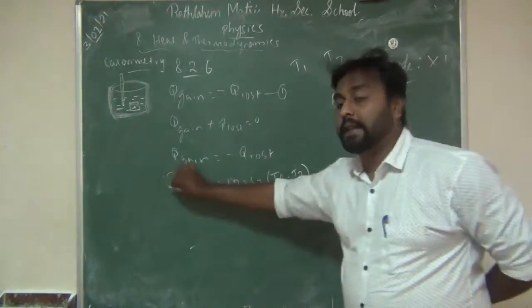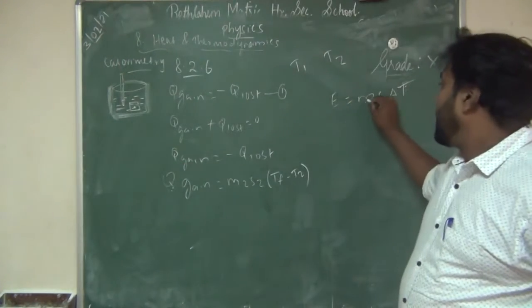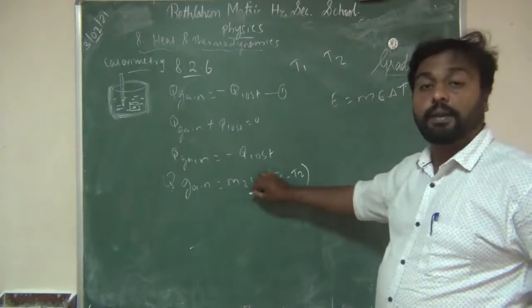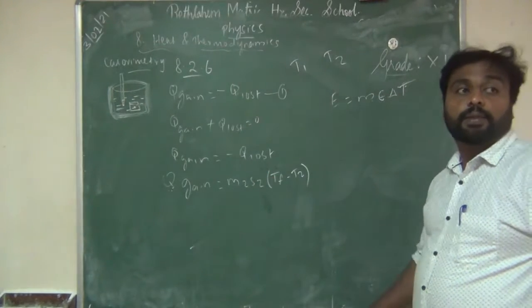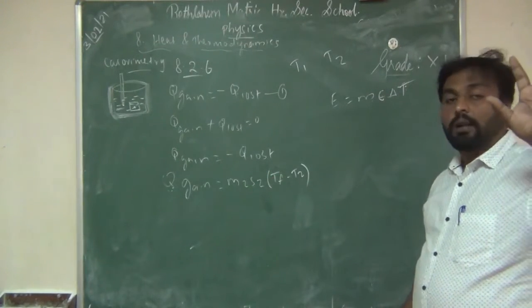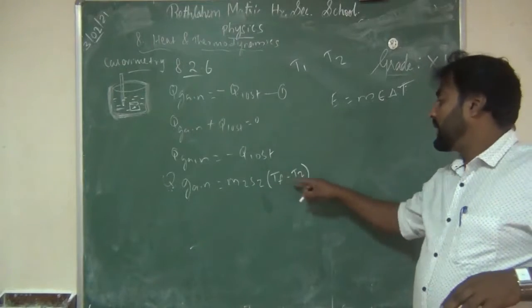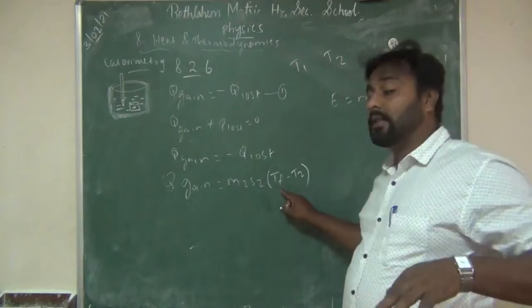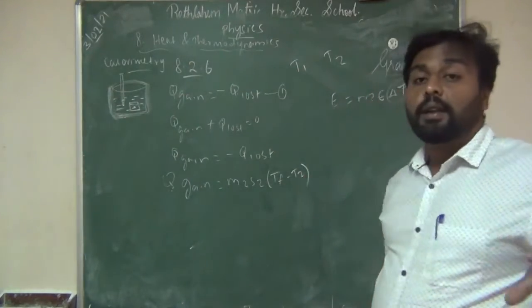E means the energy, here we used Q gain, M means the mass, and C means the specific heat capacity. Here we use S, the specific heat capacity of the cold water, and delta T, the temperature difference, is TF minus T2.